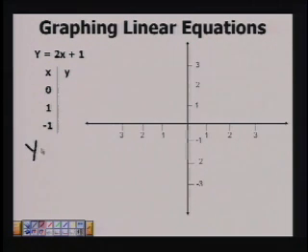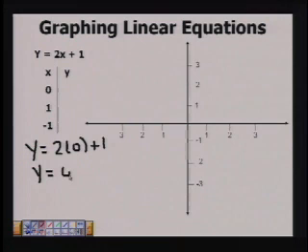We're going to substitute each value for x into the equation to solve for y. So if we substitute 0 into the equation for x, we get y equals 0 plus 1, or y equals 1. So we will put 1 in the table next to 0.